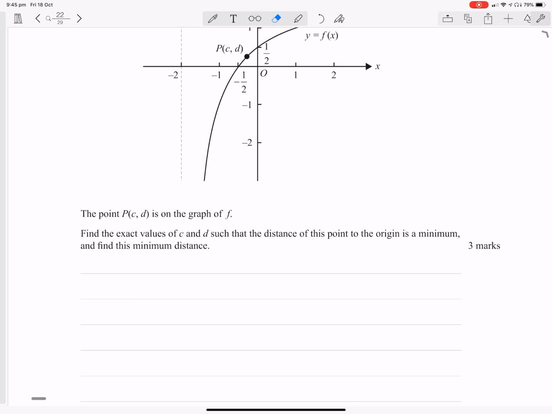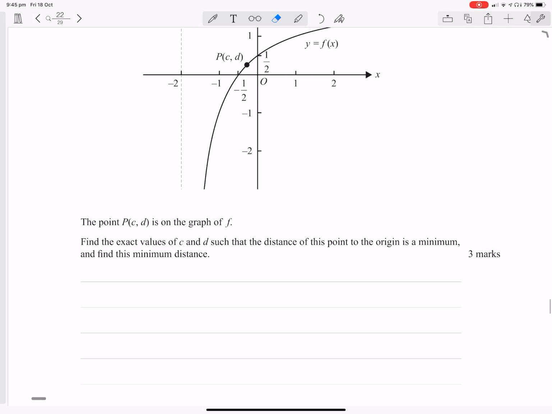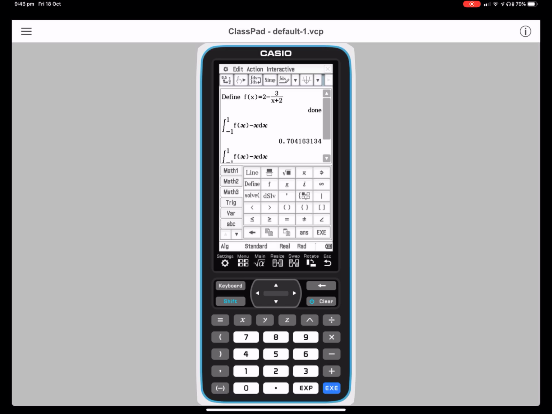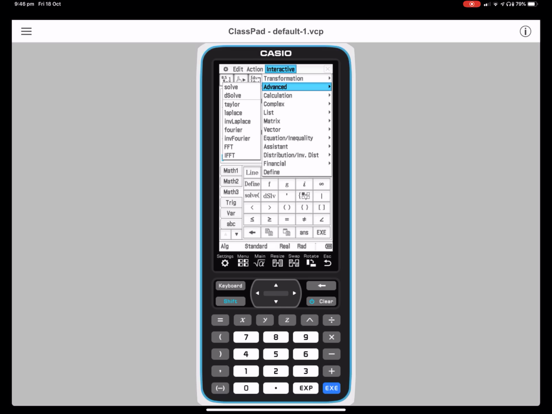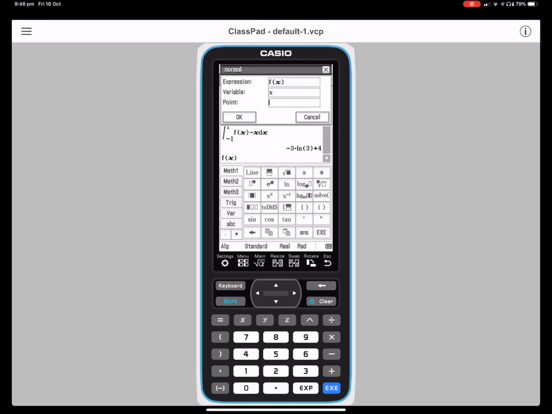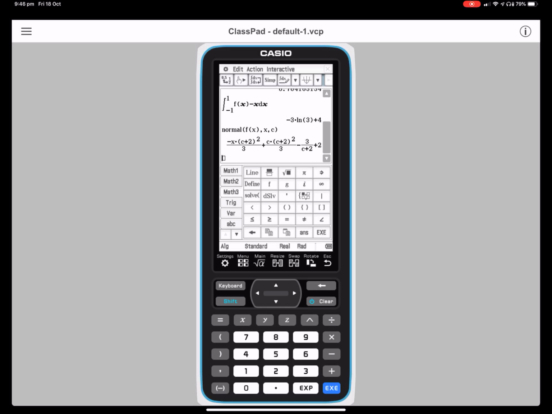Okay, so we can say the equation of the normal at C is, so we can go find the equation of the normal at the point C. And that's got to go through the point 0, 0.